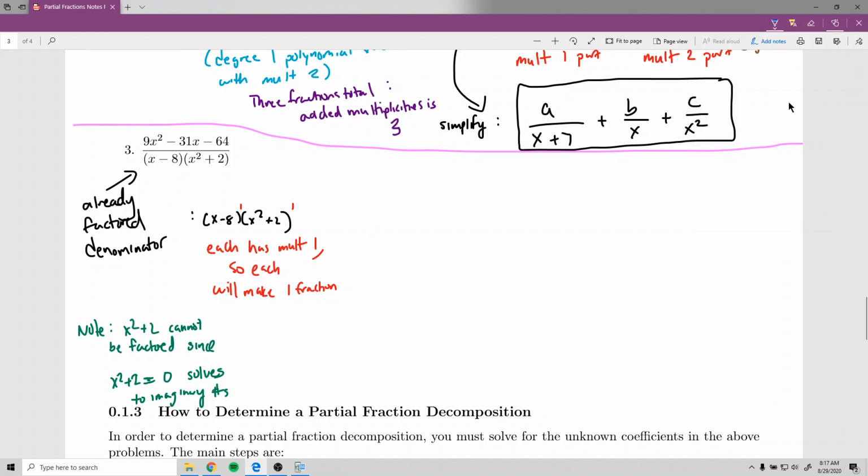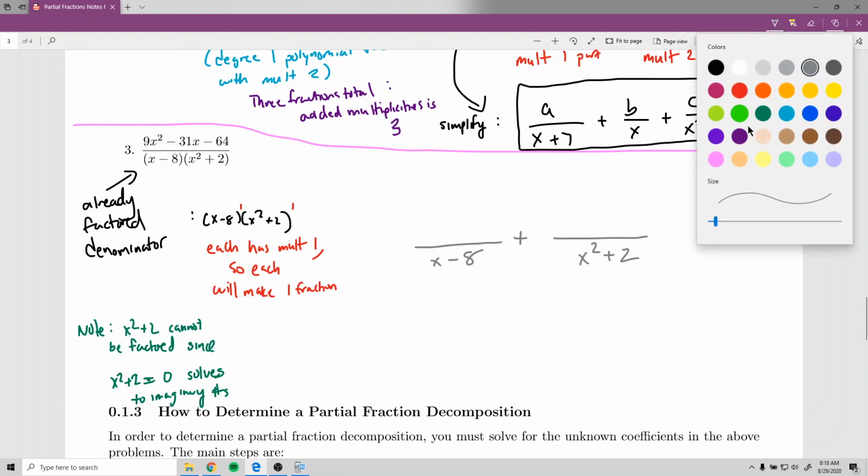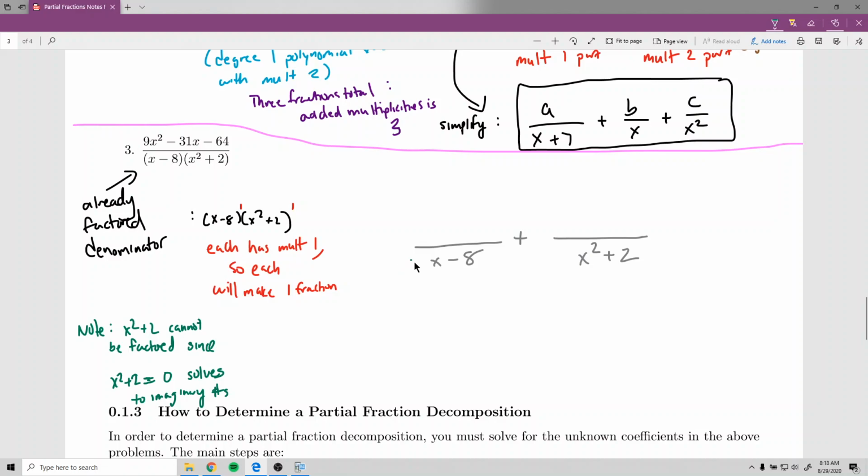All right, so there will be 2 fractions, 1 for each denominator, x minus 8 and x squared plus 2. Now the one on the left is the same kind we've been dealing with. It's degree 1. So the top is going to be degree 0, which I'll just use with the letter A again.